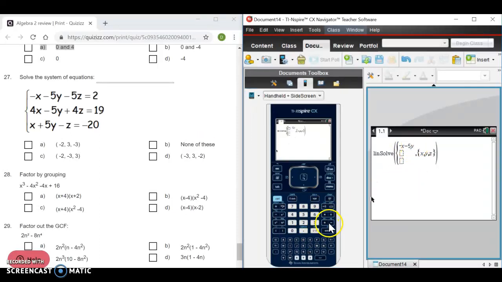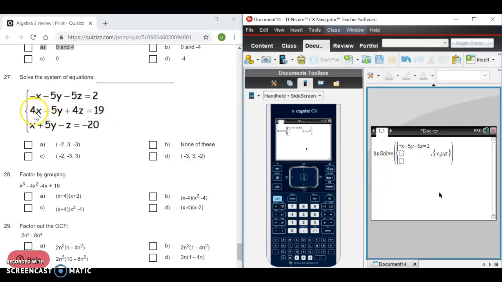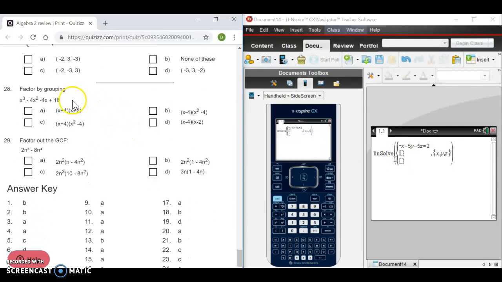And you go minus 5z, equals 2. And then you go to the next one. You plug in the next one right here. So you plug all this in, and you get an answer in the end. So that's how you would do that one. You should be able to figure that one out real easily just from using your calculator.